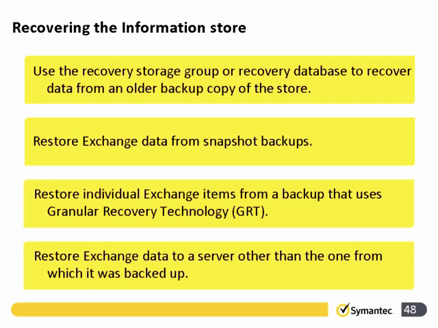I can restore individual items, mailboxes, or email using granular recovery technology. Individual email will be restored to a PST file, which must be attached to Outlook. And I can restore Exchange data to a server other than the one it was backed up from, provided Exchange is installed on that new destination.